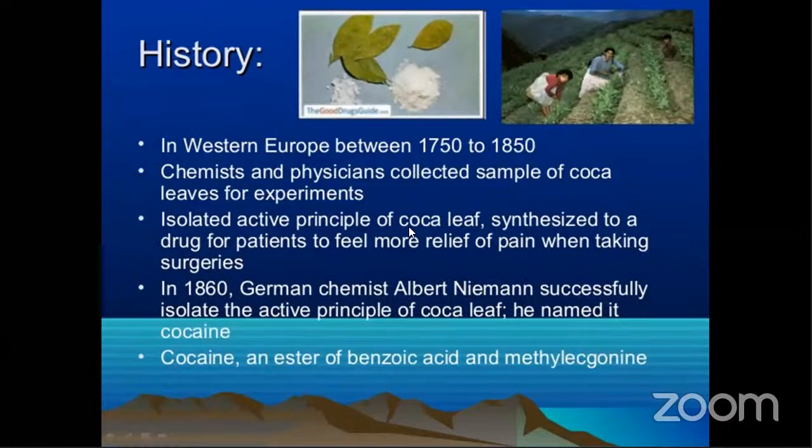The isolated active principle of coca leaf was synthesized into a drug for patients to feel more relief of pain during surgery. In 1860, the German chemist Albert Niemann successfully isolated the active principle of coca and named it cocaine.